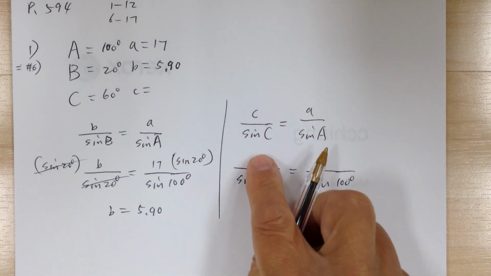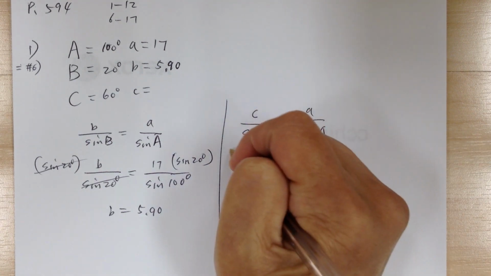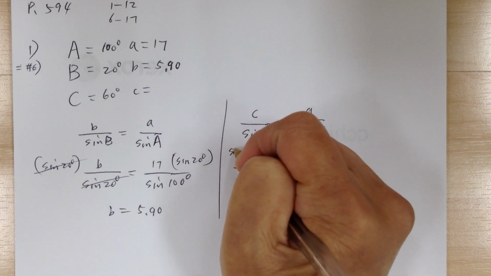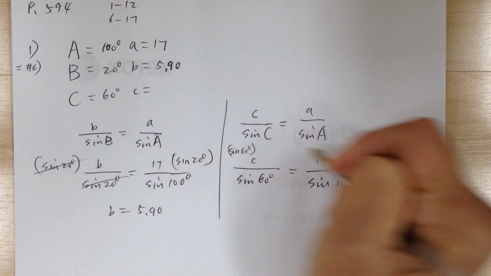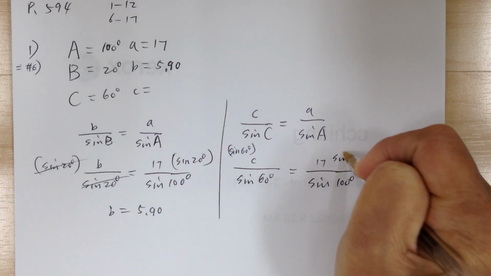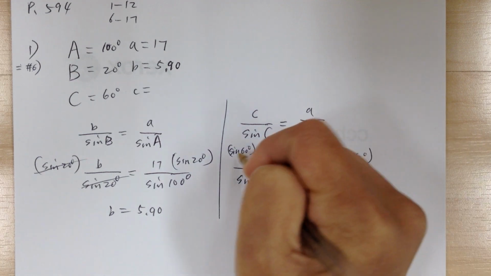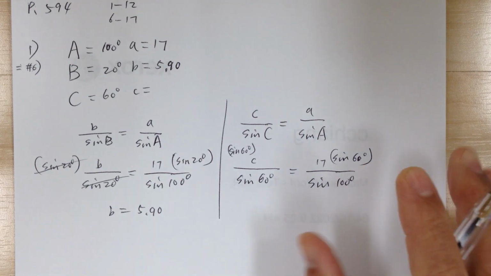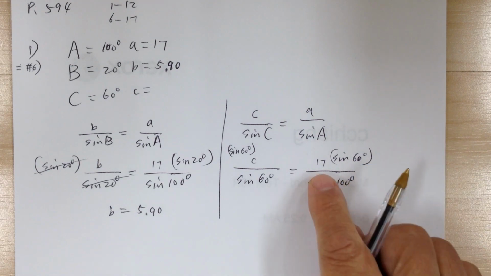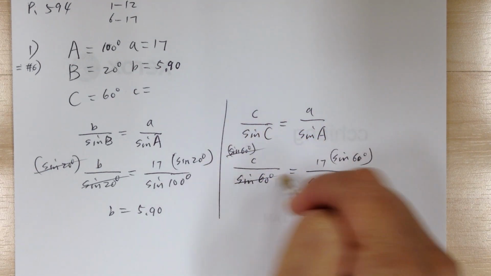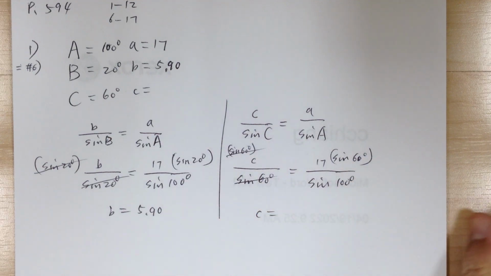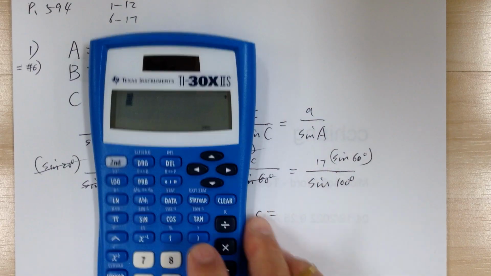To solve for C, you have to get rid of the denominator, so multiply by sine of 60 degrees on both sides. You can put it in parentheses, so you can differentiate between what's original and what's the add-on.